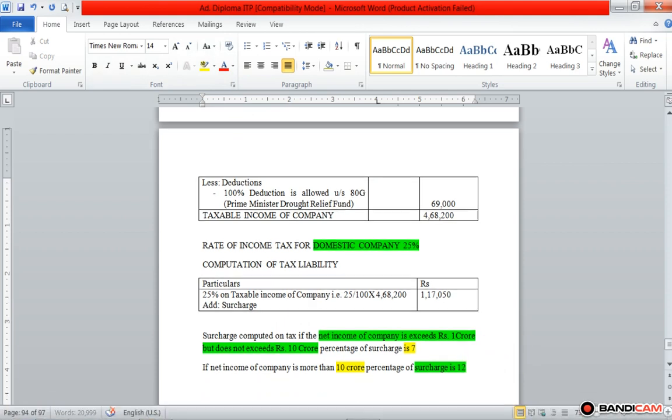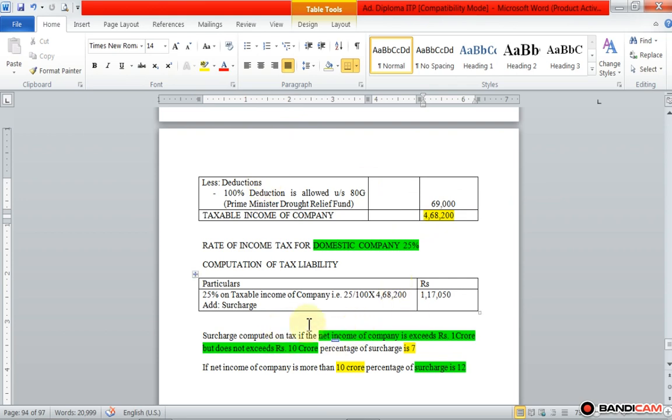The third condition relates to a foreign company. No other condition is given relating to a domestic company. So remember these two conditions. Here the net income of ABC Company Limited is 4,68,200.